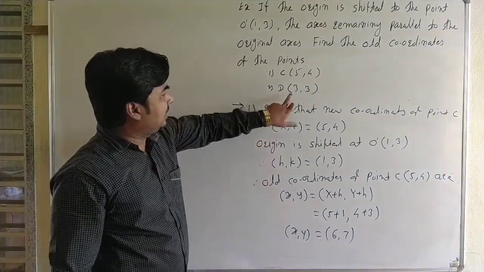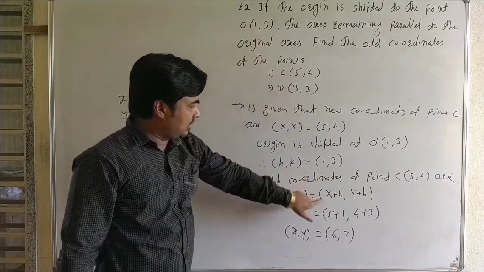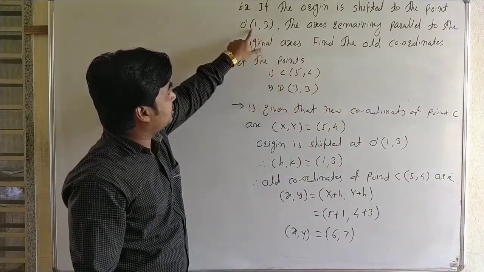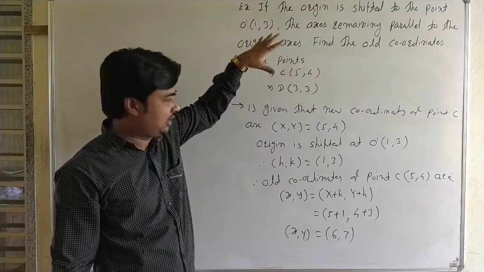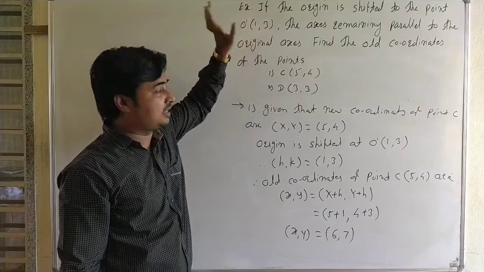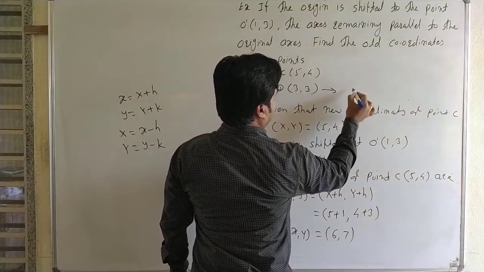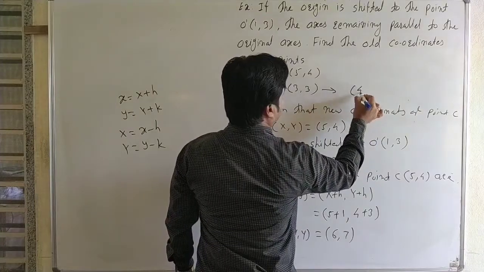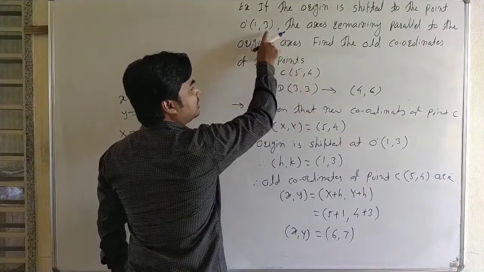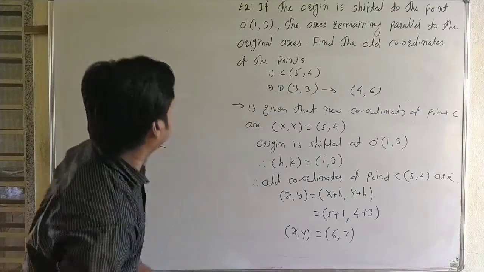Now like that, for point D, with capital X and Y and h, k: 3 plus 1 is 4, and 3 plus 3 is 6. That means the old coordinates of the second point are (4, 6). Okay, now we see the next example.